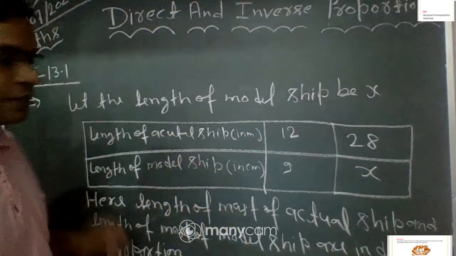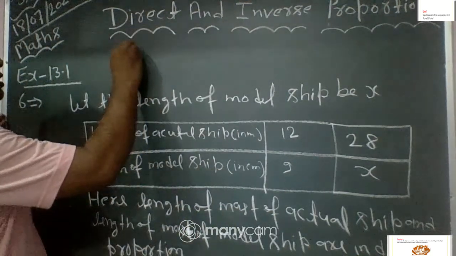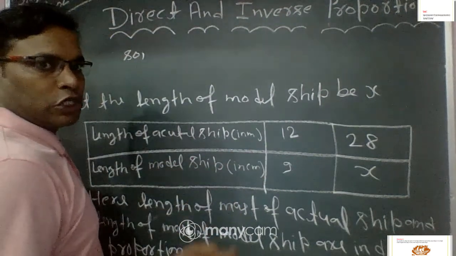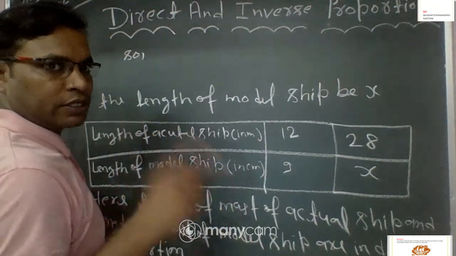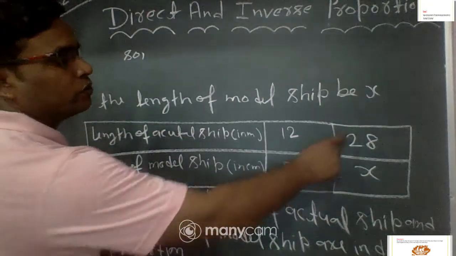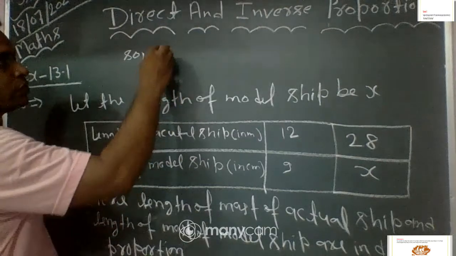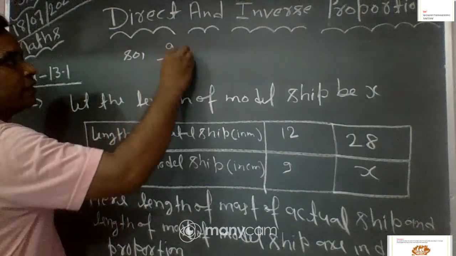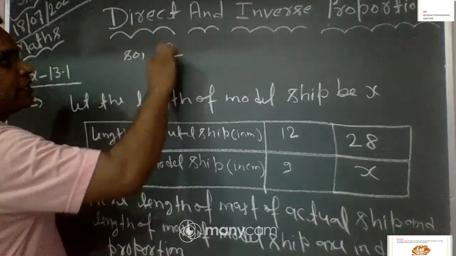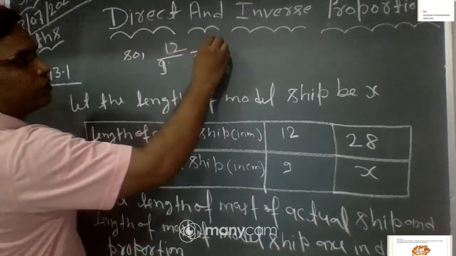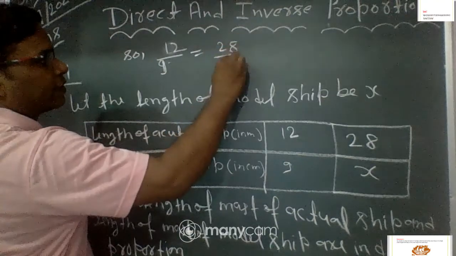So we can write like this. In direct proportion, the ratios are constant, you can say the ratios are equal. So because this is direct proportion, the ratios are equal: 12 by 9 is equal to 28 by x.